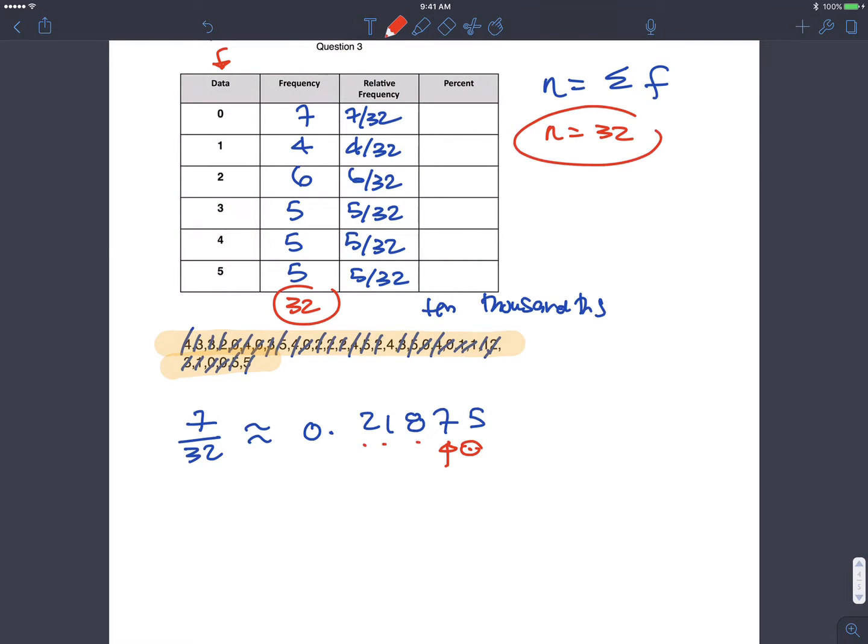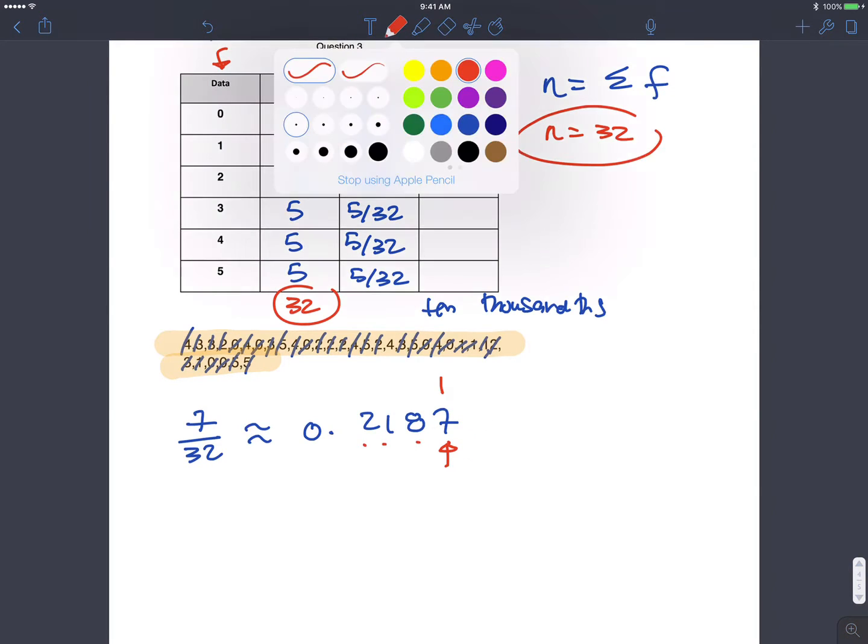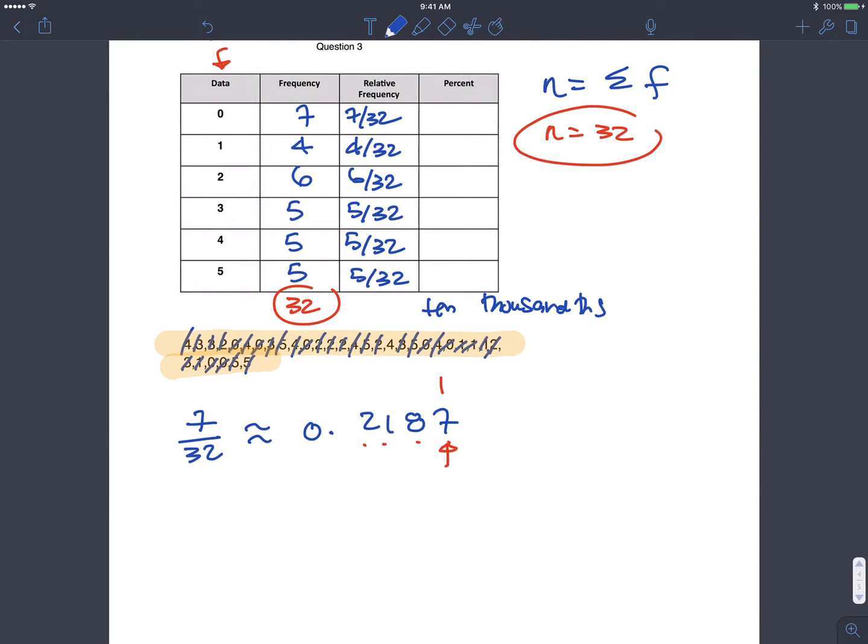Since it's a 5, that means to add 1 to the 7 and drop the 5. That now gives me an 8, and we get approximately 0.2188. So the first relative frequency will be 0.2188, which is 21.88 percent.